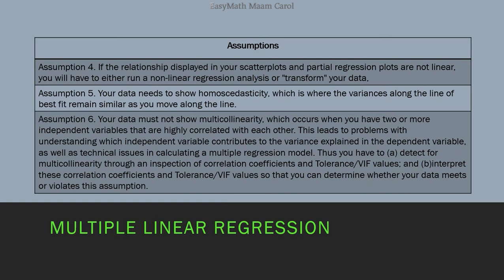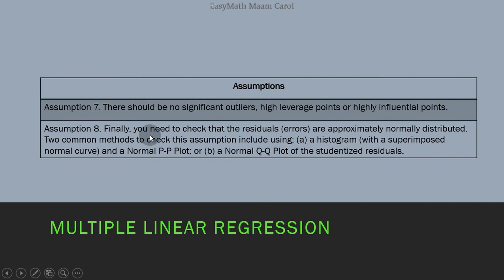Otherwise, you must do a non-linear regression analysis, as stated here in assumption 4. There is another test required for a multiple linear regression. It's really very complicated. That's why not a lot of people do this. This is an advanced statistical test.